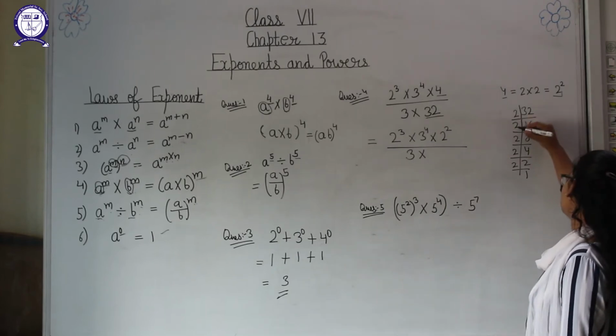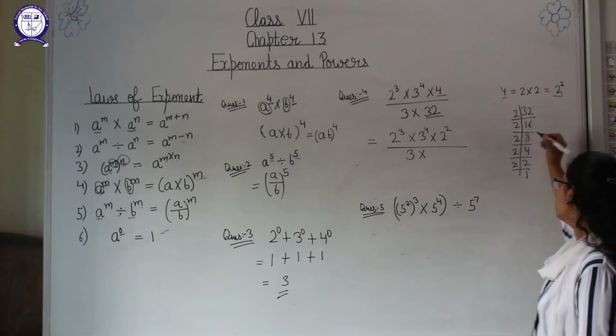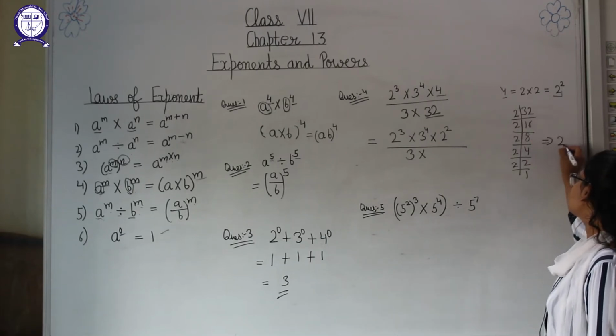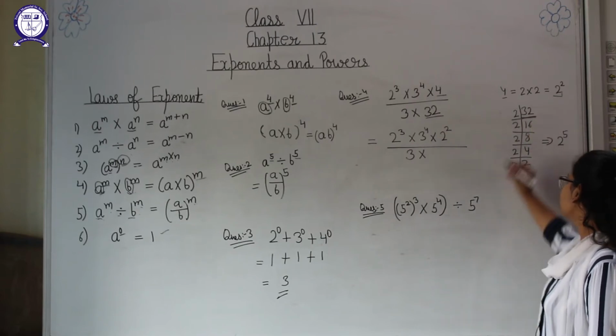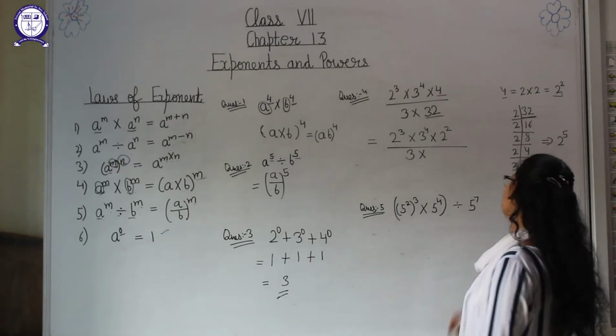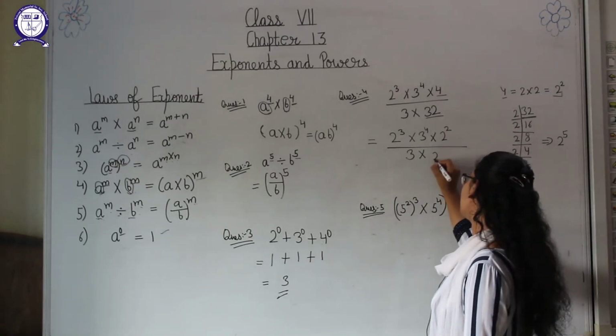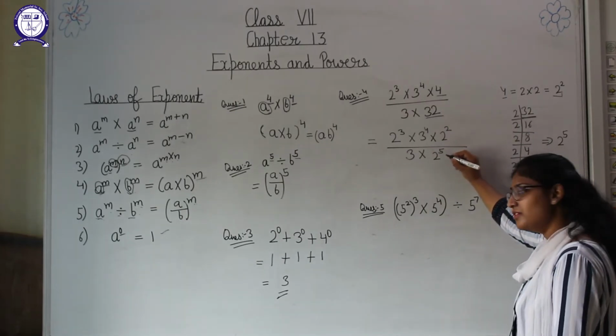So here 2 into 2 into 2 into 2 into 2 is 5 times. So we can write it as 2 raised to the power 5, because 1, 2, 3, 4, 5 times 2 is occurring here. So in place of 32 we will write 2 raised to the power 5.